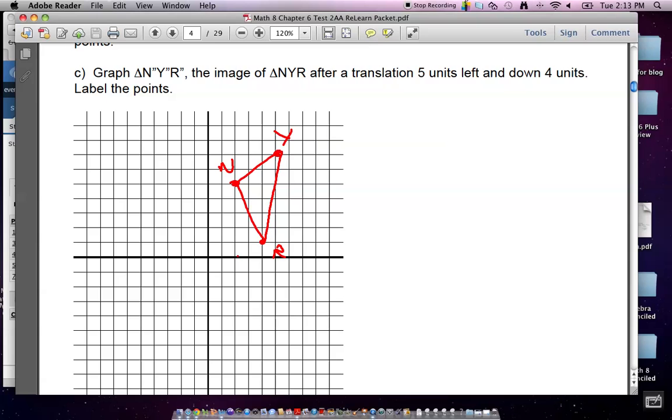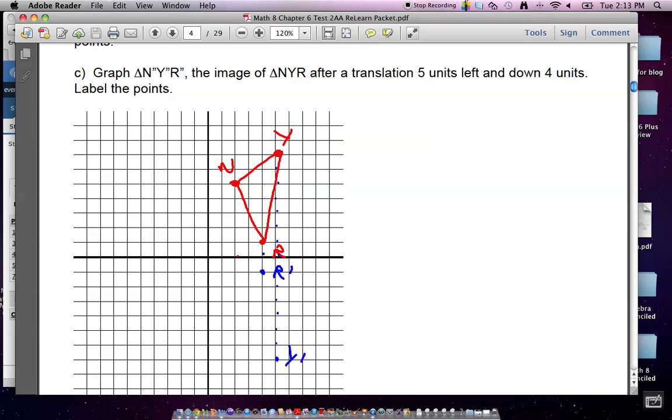And if you notice, it said to label it. That's why it's very important to put the N, the Y, and the R there. Then it says graph the image N prime, Y prime, R prime after I reflect NYR in the x-axis. So since I'm going to go in the x-axis, I'm going to count and repeat or flip over the x-axis. So that's 1, 1. That will be R prime. This will be 1, 2, 3, 4, 6, 7.